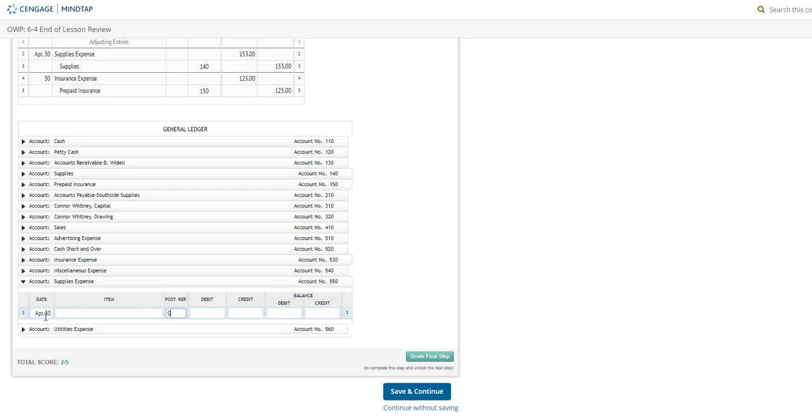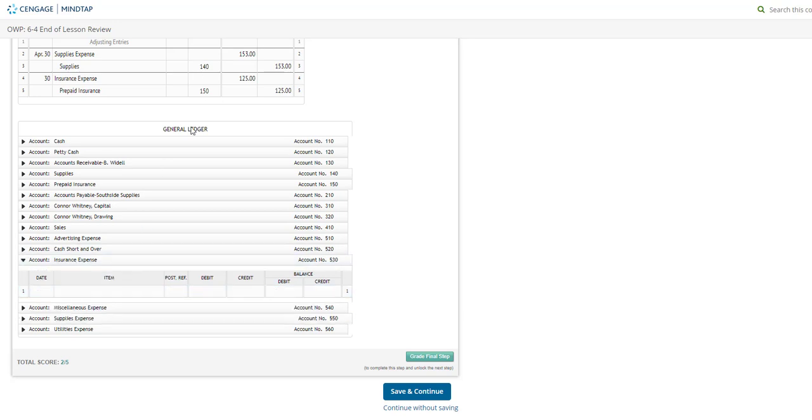And this is from your G8 page. And we have a supply expense 153, debit amount, and that's going to give you a balance of 153. And where was insurance? And that went to account number 550.